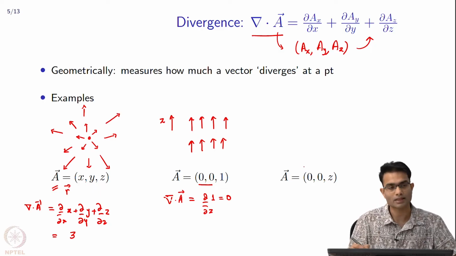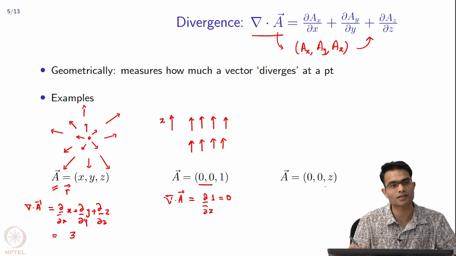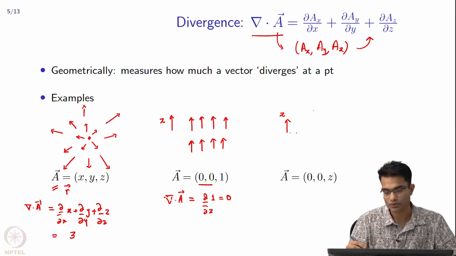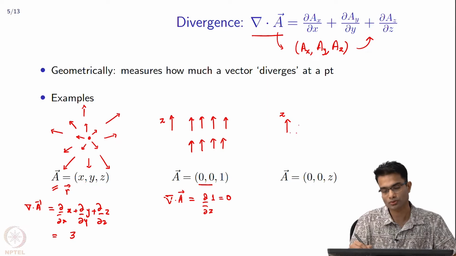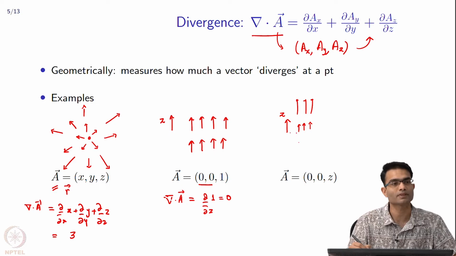The next example is like the river, but it is picking up speed as it goes along the z direction. If this is the z axis, and let us say this is z equal to 0, which way is it going to go? For small z its value is going to be small, and then the magnitude picks up, and when I go to negative z it changes direction, again with small magnitude, and so on.